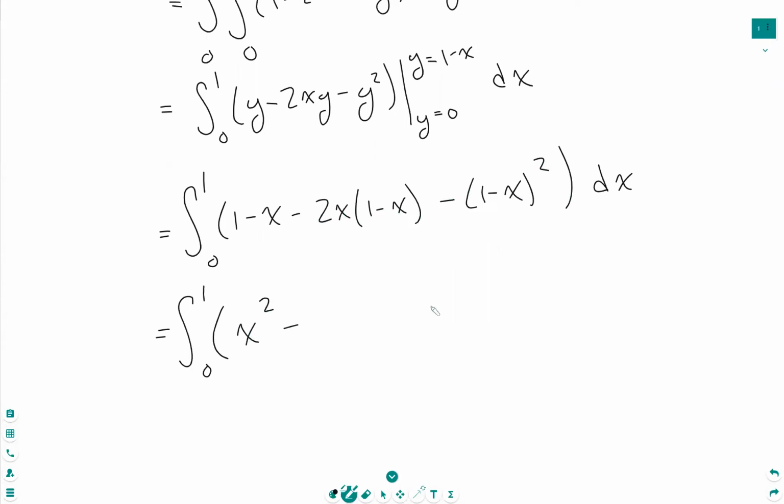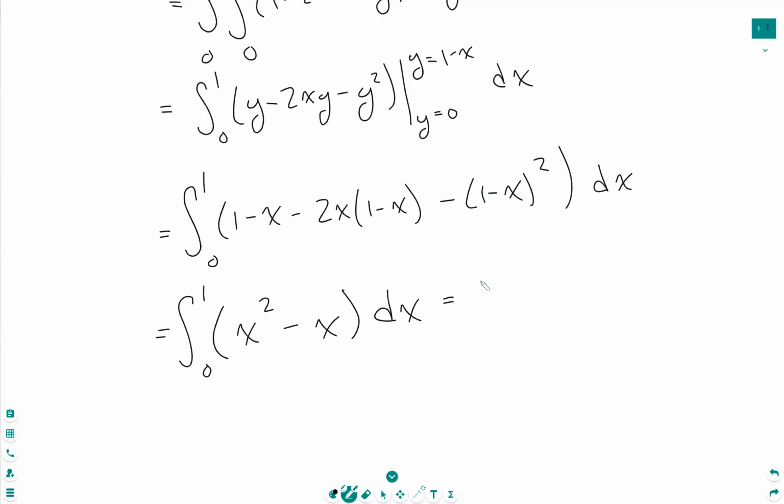For the linear terms, we get a minus 2x, but then it's negative here, and then here we get negative 2x, and then we just have the x here. So this ends up giving us just an x. And then for the constant terms, we end up with a 1 from here, but we're subtracting it, and then here's this 1 here. So we actually don't have any constant terms, dx.